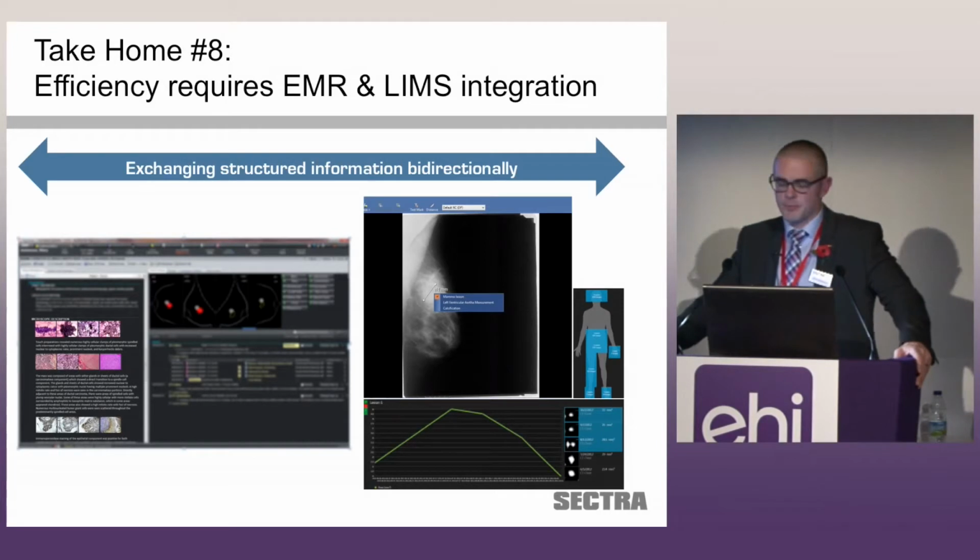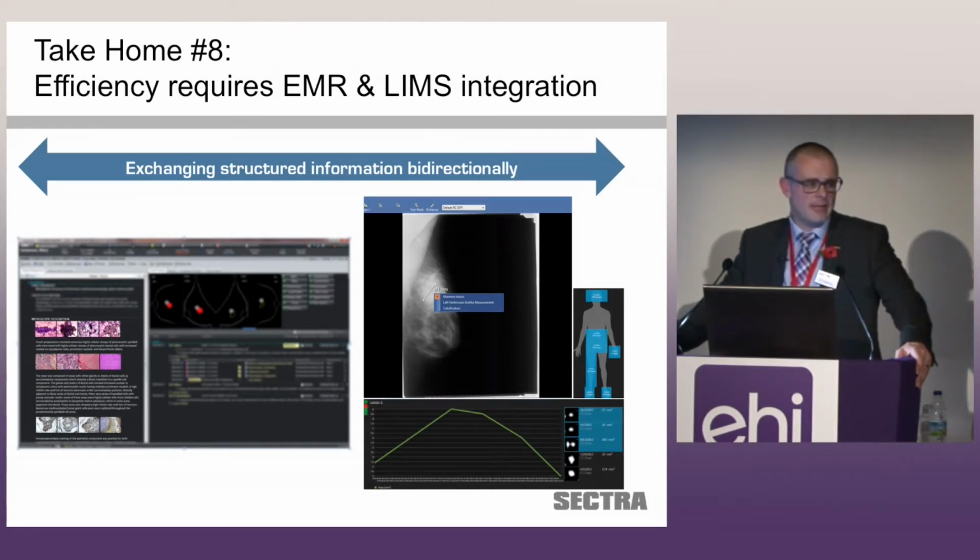As I'm sure there have been a number of talks today, it's very, very important that any systems you put in place are able to integrate well with upstream and downstream systems. There is absolutely no point in creating more silos within your enterprise.